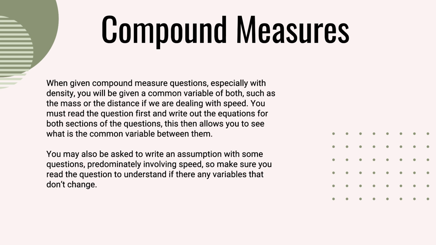Say, if I have liquid A and liquid B, I may get given the volume for liquid A and the density for liquid B, and I may be told the mass is the same. So if I work out mass for liquid A, I can then use the mass for liquid B. You may also be asked to write assumptions with some of your questions, predominantly involving speed. So make sure you read the question to understand if there are any variables that don't change.